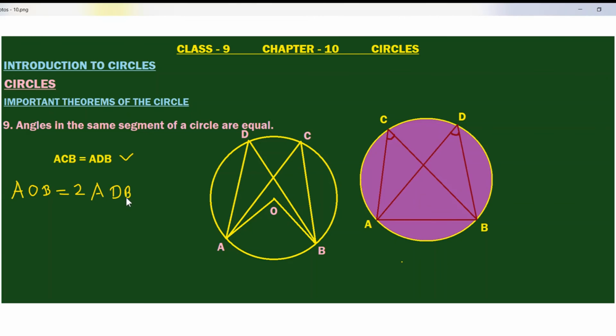Now forget this one, take this one. This angle is also subtended by this arc at a point C. So we can write AOB is equivalent to 2 ACB, isn't it?